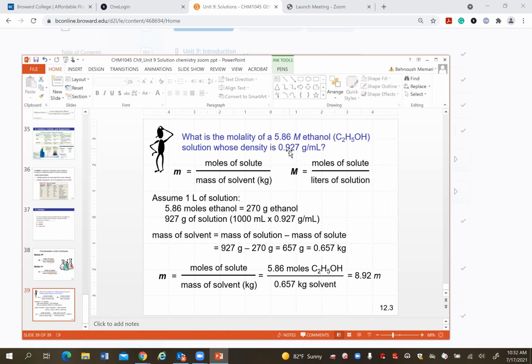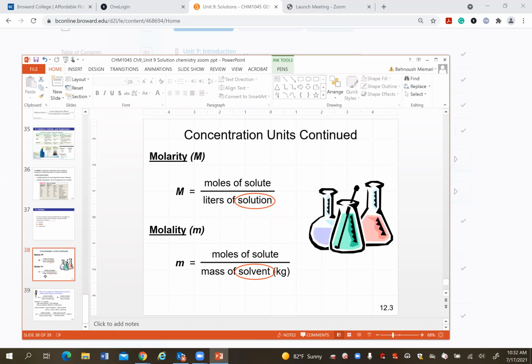Density is 9.927. Well, we did not talk about molality yet. Molality is different from molarity. That's another unit for the concentration.